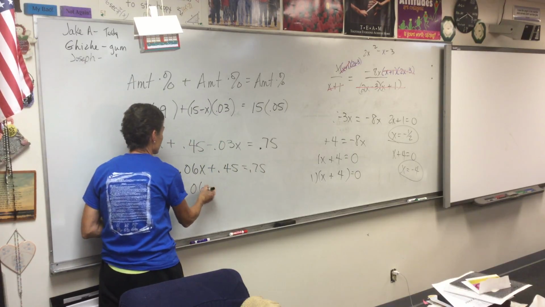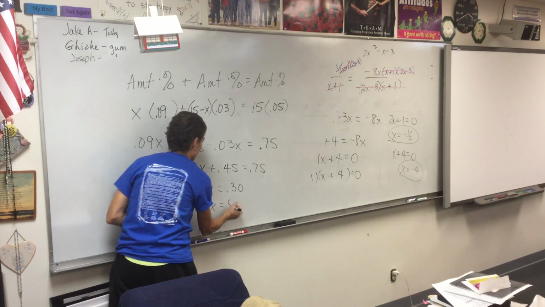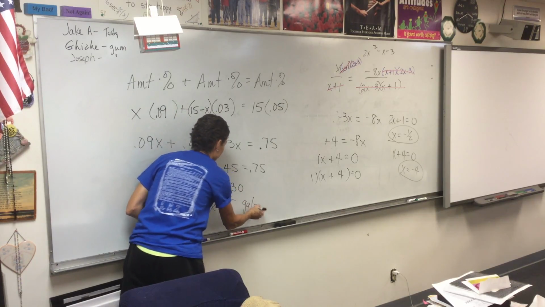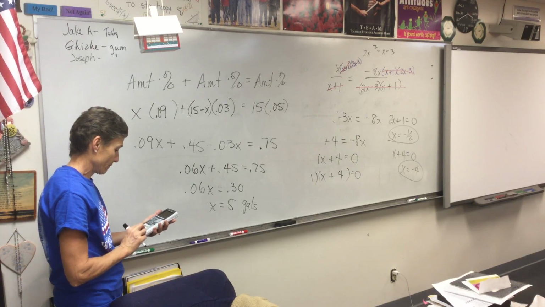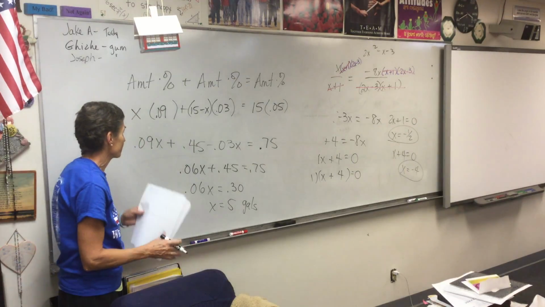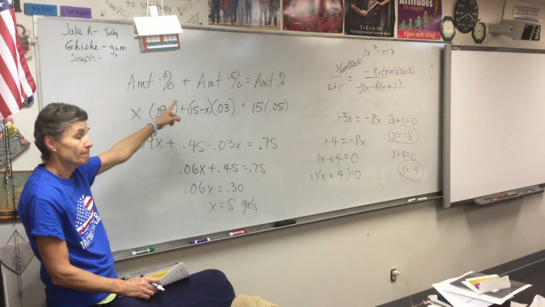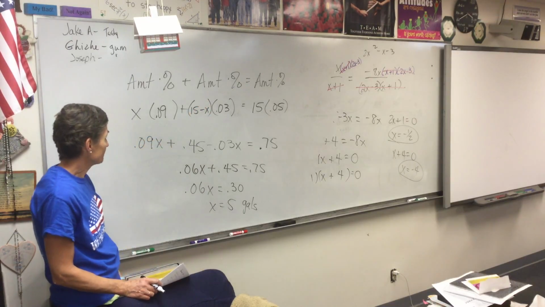I'll subtract 0.45, and X equals 5 gallons, if I divide it right. Okay, amount times percent plus amount times percent equals amount times percent.